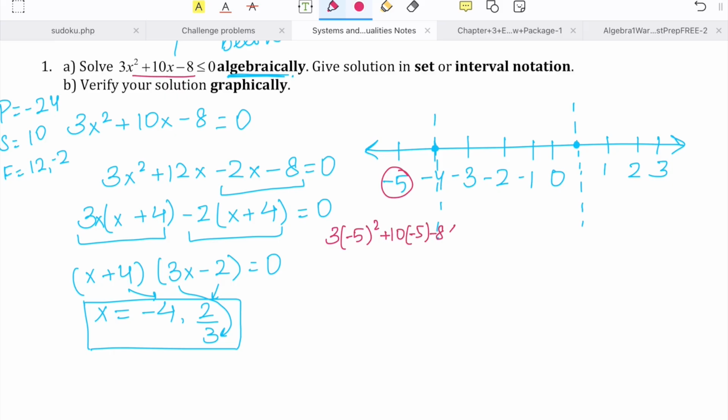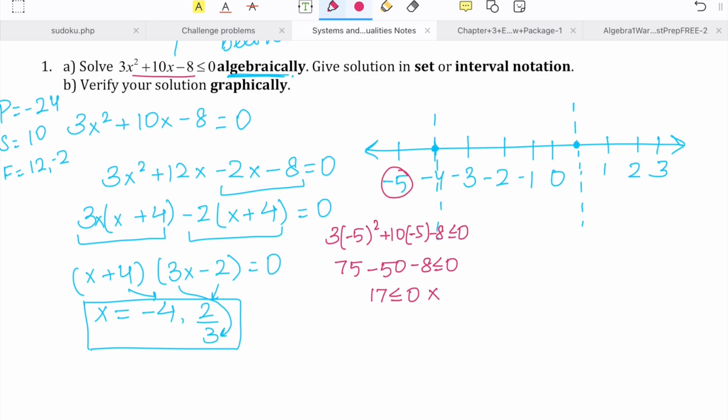That should be less than or equal to 0. 3 times (-5) squared is 3 times 25, which is 75. 10 times -5 is -50, minus 8. 75 minus 50 is 25. 25 minus 8 is 17. 17 is less than or equal to 0. Is that true? Not true. That means that's not part of my solution.